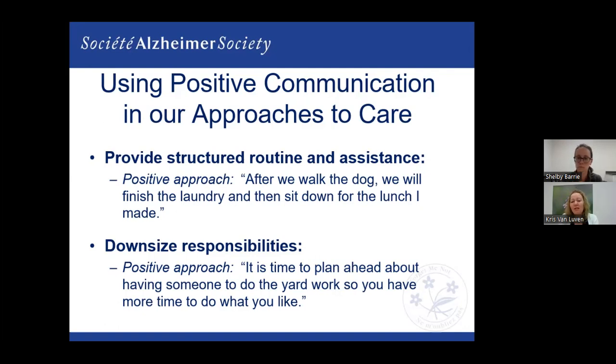You may even want to consider downsizing your own responsibilities by seeking assistance from family, friends, neighbors, or even agencies with things like meal prep, house cleaning, yard work, or even transportation, getting to and from appointments.